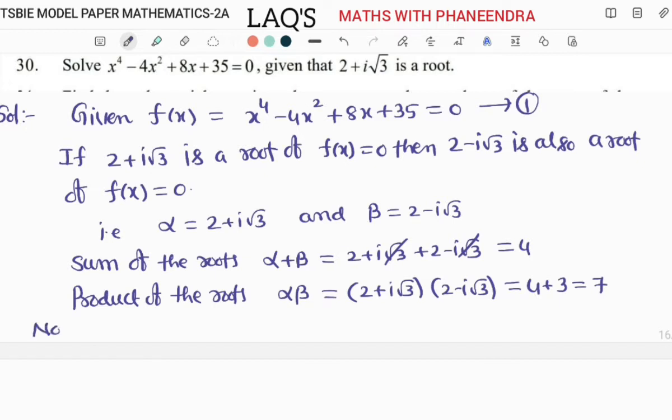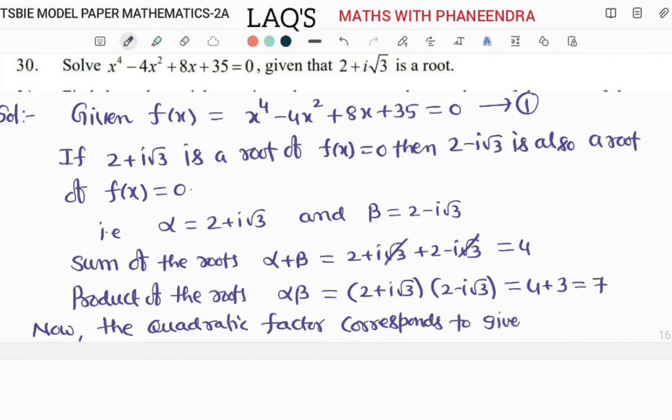Now, the quadratic factor corresponding to the given equation f of x equal to 0 is x minus alpha into x minus beta equal to 0.